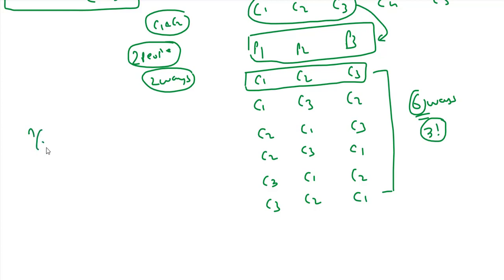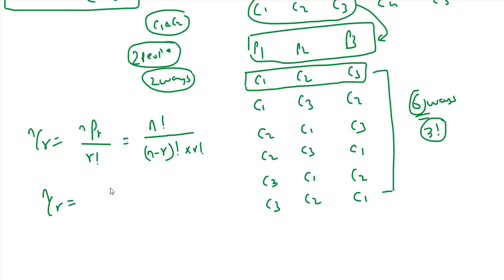So the formula for combination will be given by the formula for permutation divided by r factorial, since we are selecting r things. So this will become nPr, as we have derived, it came out to be n factorial upon n minus r factorial into r factorial. So your formula for combination will be n factorial upon n minus r factorial into r factorial.